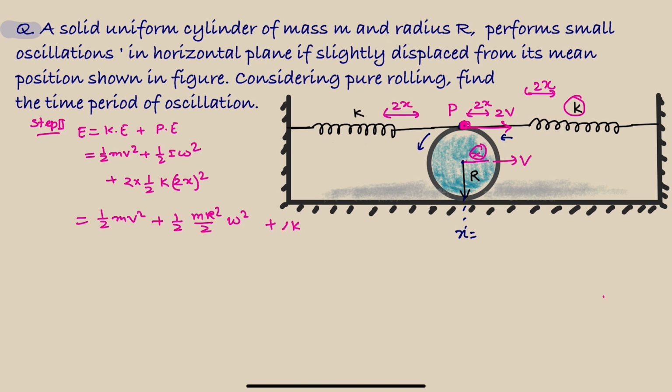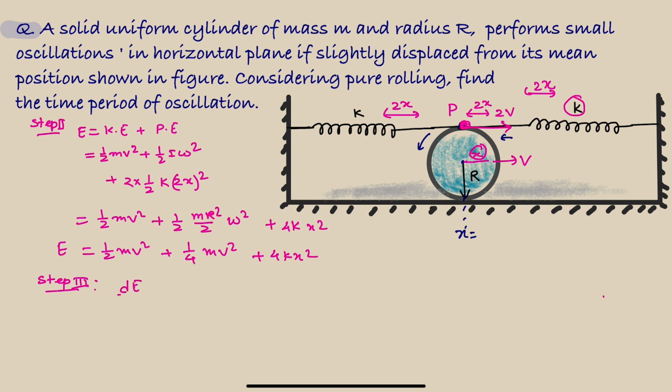After that, 4x square. Half mv square plus 1 by 4 mv square plus 4kx square. That's the total energy.